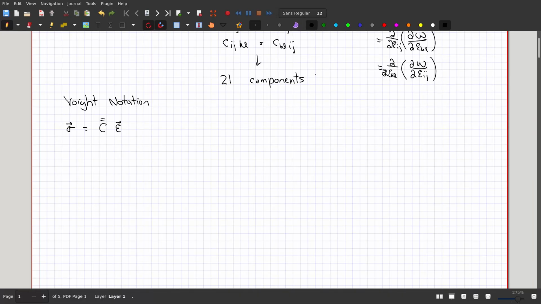So now we have a stress vector and a strain vector, and C is a matrix. So I'll write out for this kind of material with 21 components what that is. And this is where things get a little boring, but I'm just going to write it out once. Because the order does matter, so we're going to have the diagonal components first.